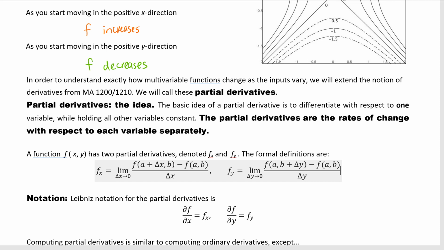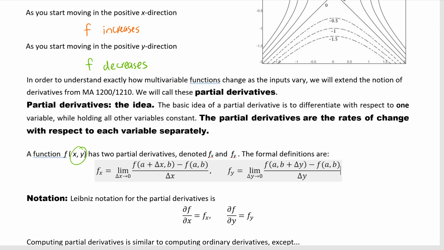Okay, so here we have two independent variables, then we have two partial derivatives, partial f, partial x, and partial f, partial y. The formal definitions are, so here for partial f, partial x, we consider y is fixed. So b is fixed, and then we have a plus change of x, evaluate f minus f of (a, b) divided by the change of x.